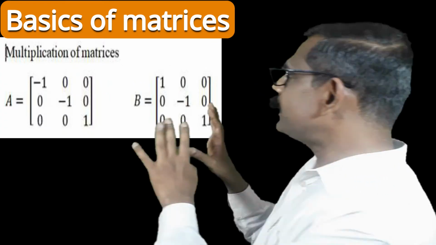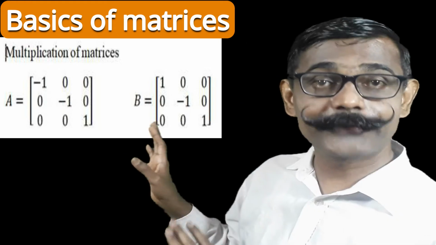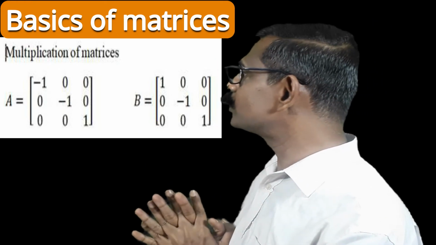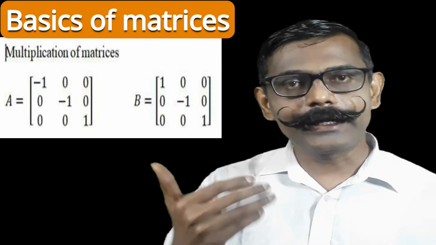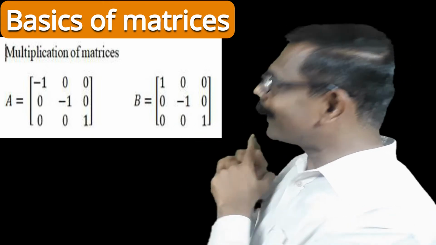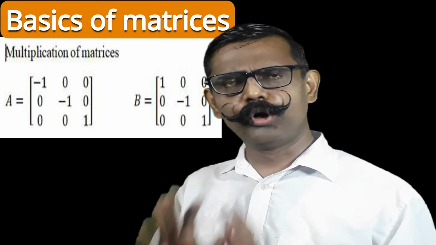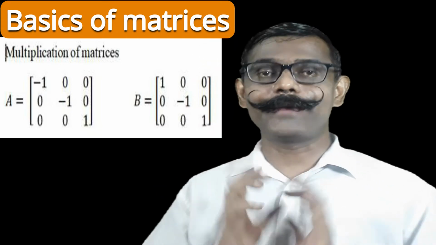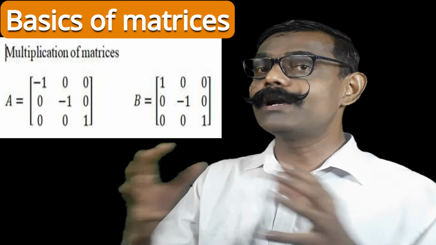Let me consider A as one matrix. What are its values? -1, 0, 0, 0, -1, 0, 0, 0, 1. And B is the other matrix. See its values. B is equal to 1, 0, 0, 0, -1, 0, 0, 0, 1. Both are 3 by 3 matrices. Both are square matrices. Now I have to multiply them.